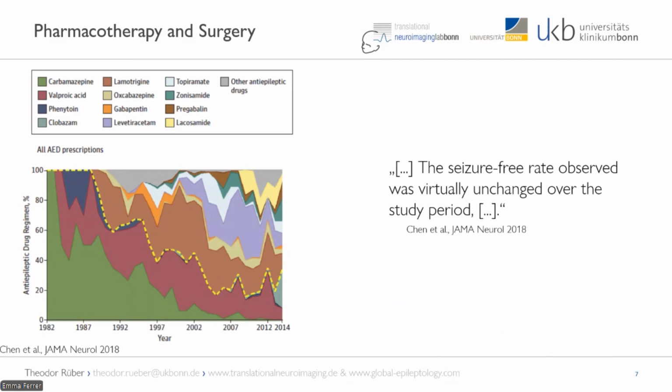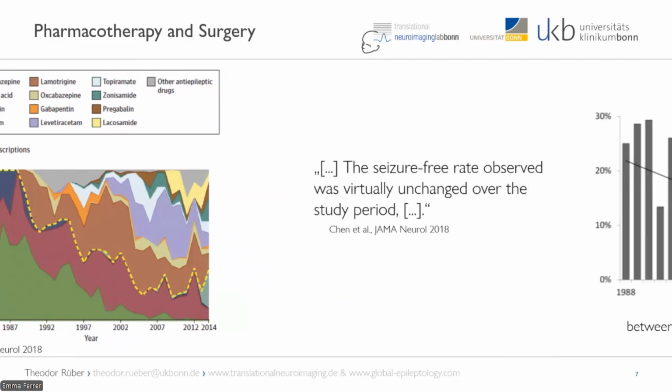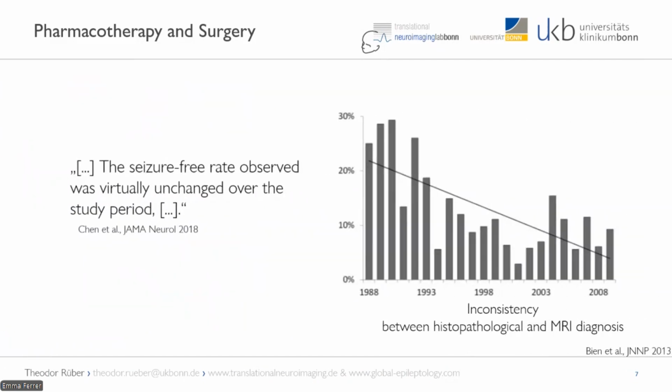You can see here that these are the drugs. I like to show this because it's very obvious that so many drugs came into the market over the last 40 years and they've been prescribed. But the summary of a big meta-analysis is that this has not really changed the amount of people who got seizure-free. Well, if you look at MRI, you see that over the same period, the inconsistency between what has been found in MRI and what then was found in histology, the ground truth, got better every year.